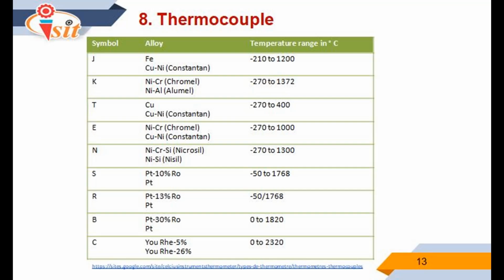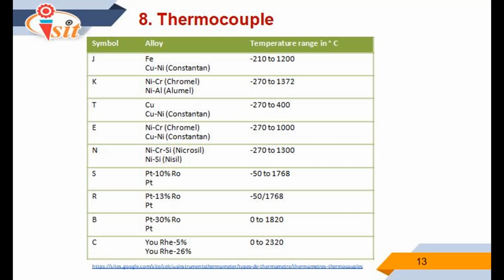Next type is E-type thermocouple, which is a combination of chromel and copper nickel for the temperature range of minus 270 degrees Celsius to 1000 degrees Celsius. Next one is N-type thermocouple, which is a combination of NiCrSi and NiSi, with a temperature range of minus 270 degrees Celsius to 1300 degrees Celsius.